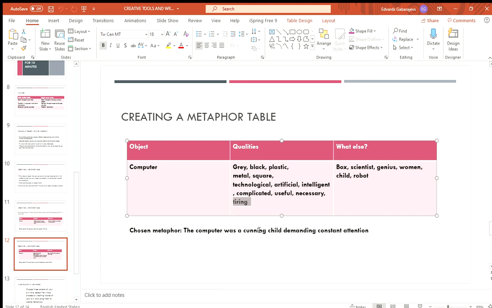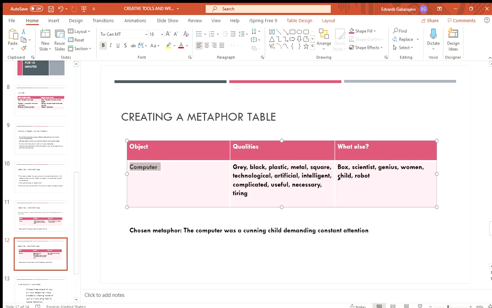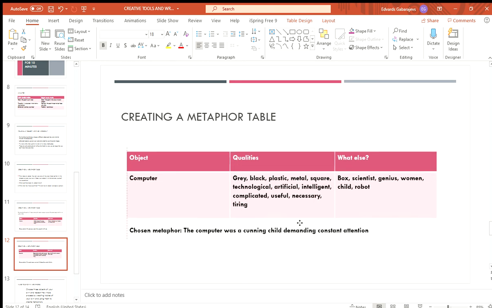So I don't know, probably if you would even see this table, you would find some other ideas to compare it to, right? So the typical one is that we compare technology to boxes, right? This is often, I think, used or heard, right? So computer was like a gray box or something, but still, it is a metaphor, right?